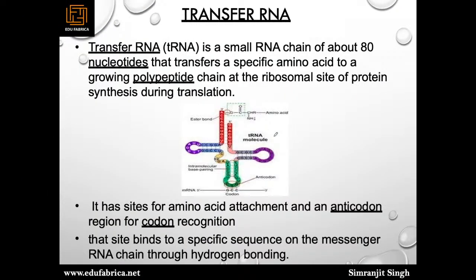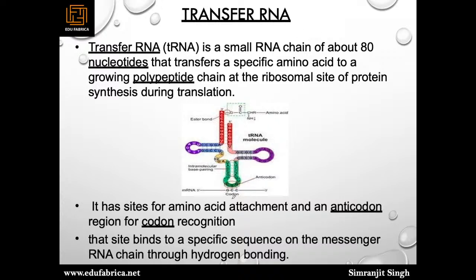This is the structure of tRNA, which is a small RNA chain of about 80 nucleotides that transfers a specific amino acid to a growing polypeptide chain at the ribosomal site of protein synthesis.